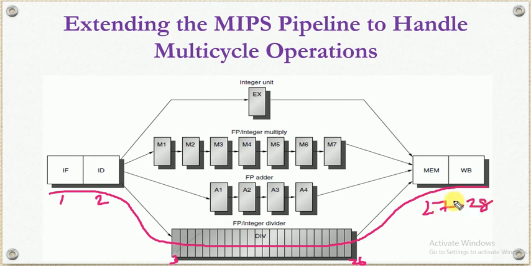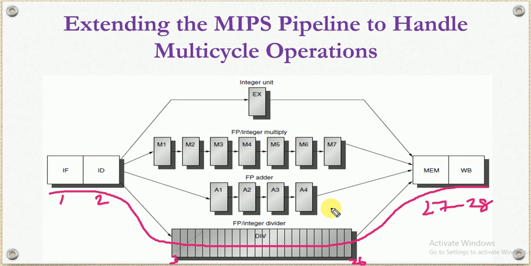Now the specialty of this FP or integer divider is that it is not pipelined. This is considered as only a single functional unit. When somebody enters the unit, no other operations can be done for the case of division operation.